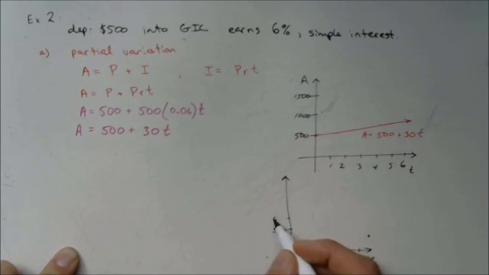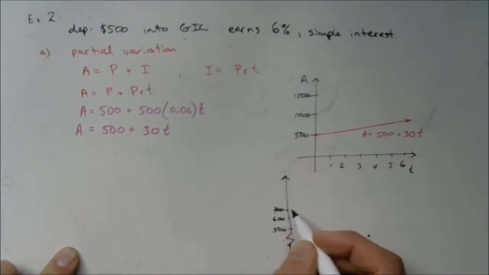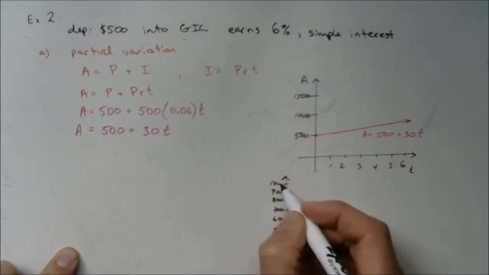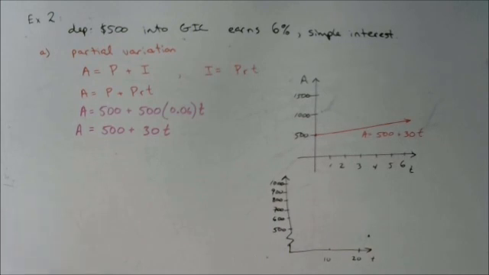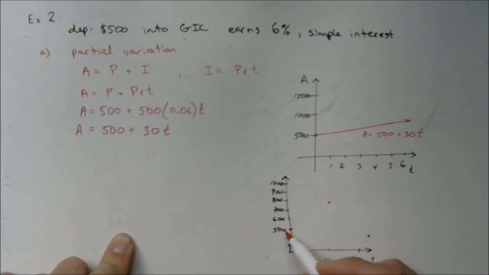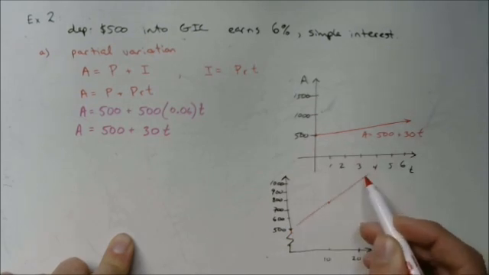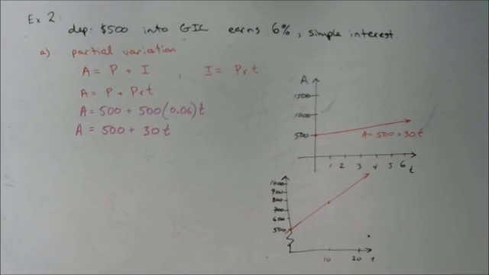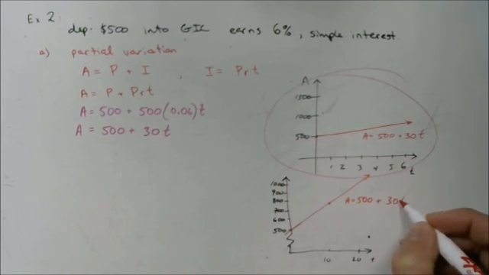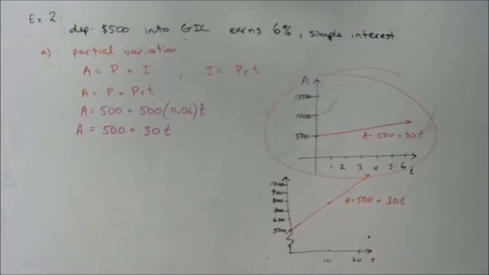I can go 600, 700, 800, 900, 1,000. And now, since I know it's going up 30T, then after 10 years, I should have gone up $300. So from 500 to 800 after 10 years. And then your graph will look like that. That's much more helpful. This doesn't tell us much. If you're looking at that graph, it's pretty hard to discern what's going on. So this is amount equals 500 initial value plus 30T, $30 per year.